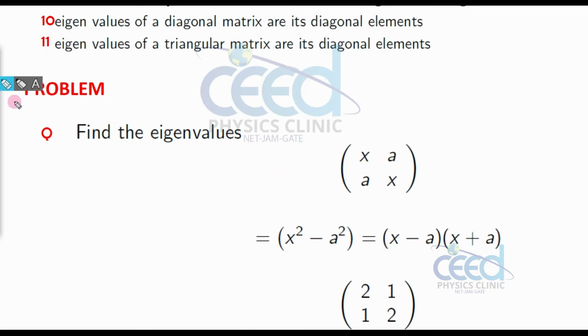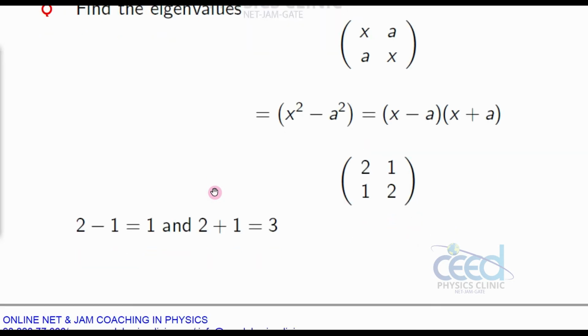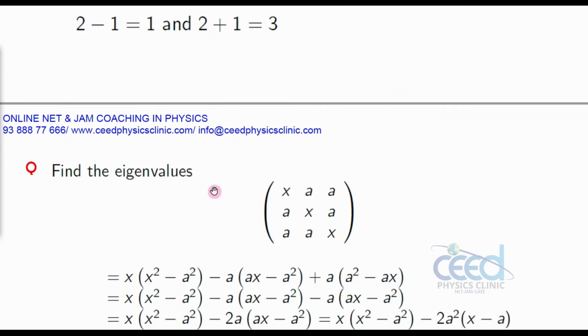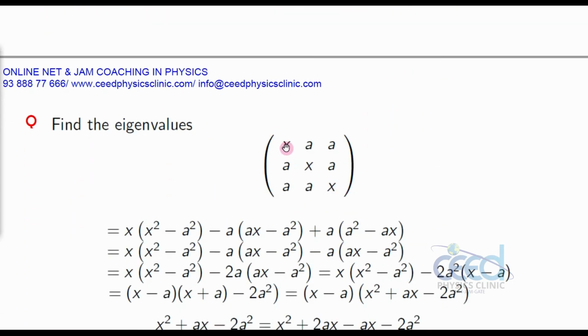Now let us go to another problem. See this kind of matrix: the diagonal elements are equal and all other elements are also equal.